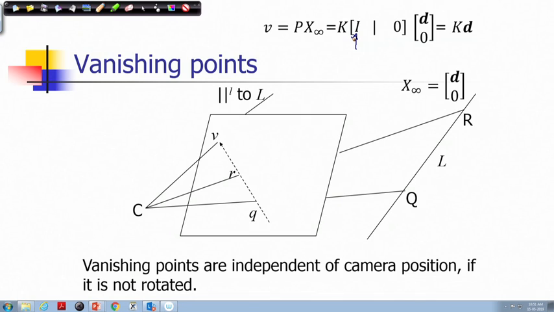If I consider the new camera matrix after translation, it would be K[I t], where t is also a column vector in my representation. Then the projection of the vanishing point (D, 0) is also K into D. So, this is how a vanishing point is computed, and you see that is the same point.